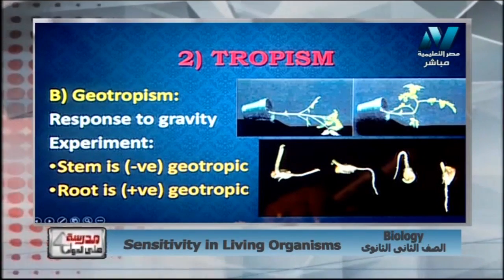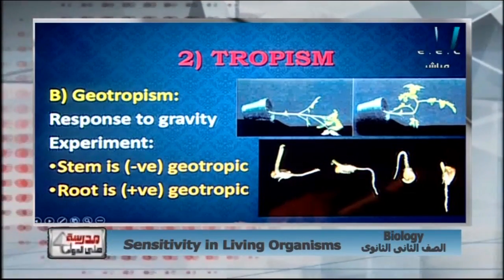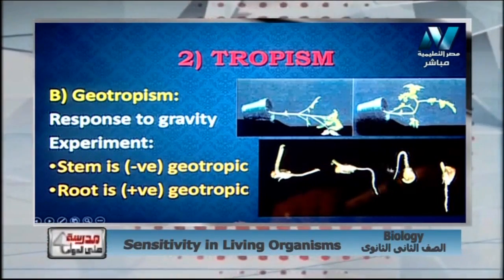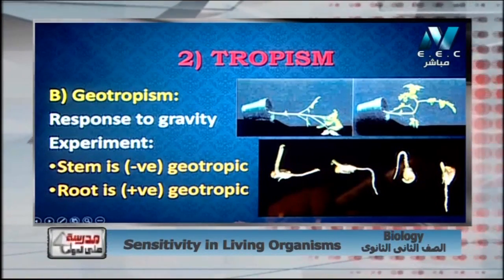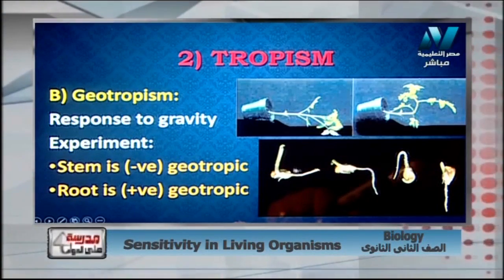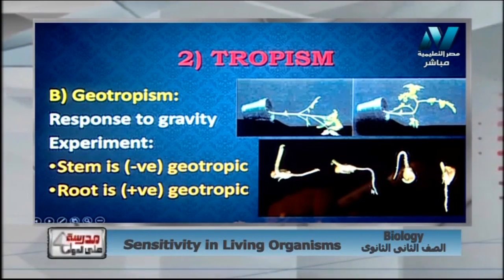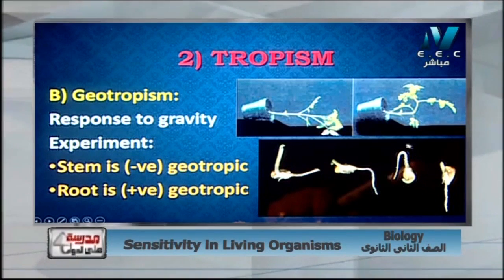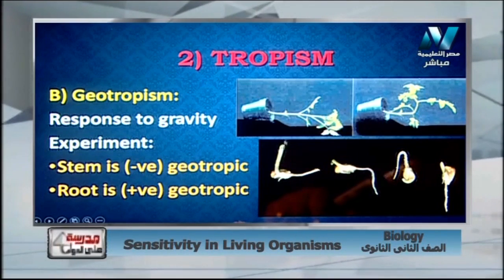What about the root? Have a look at the lower picture. These are the seedlings, and these seedlings germinate. You notice that when we place the seeds in different positions, in each one the root bends towards gravity, or downwards, like this, and the stem grows upwards.